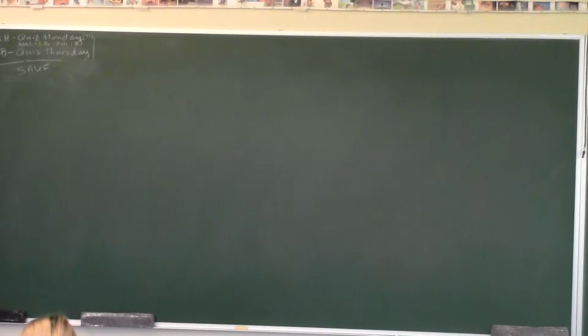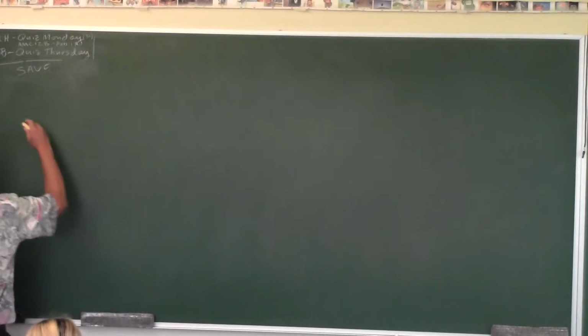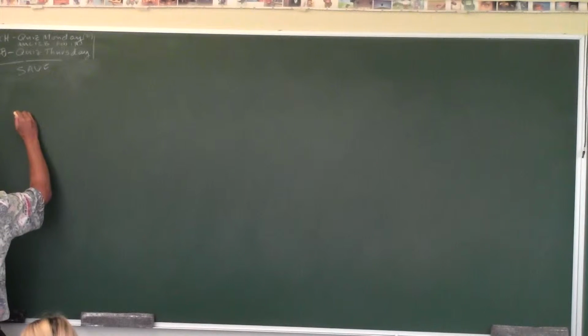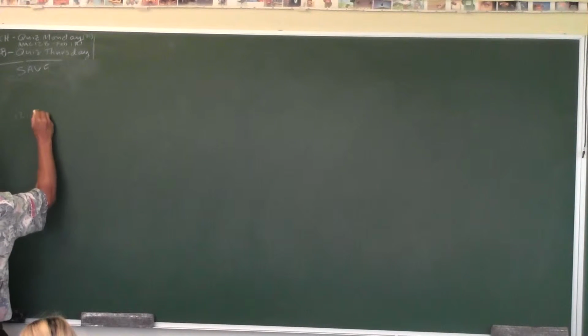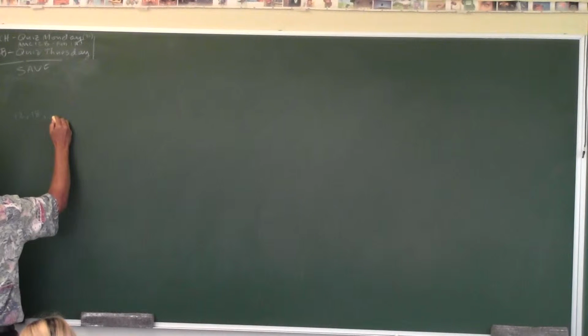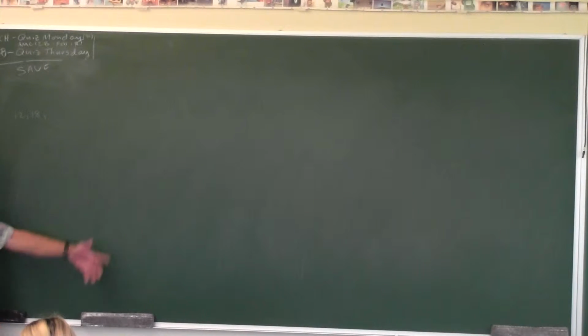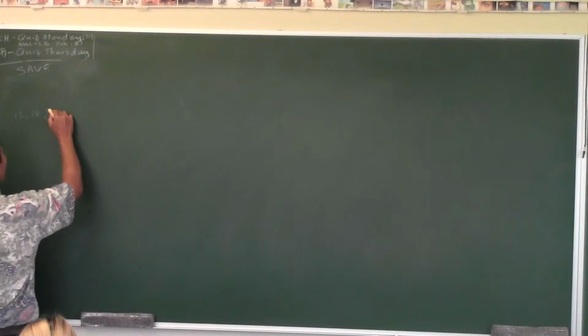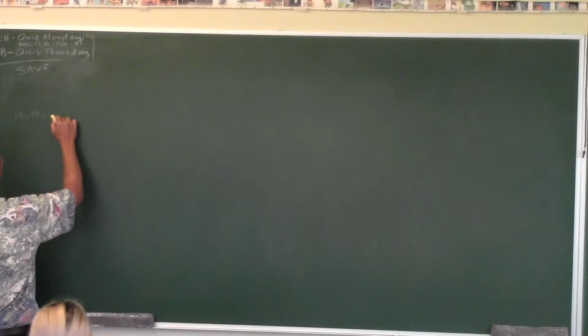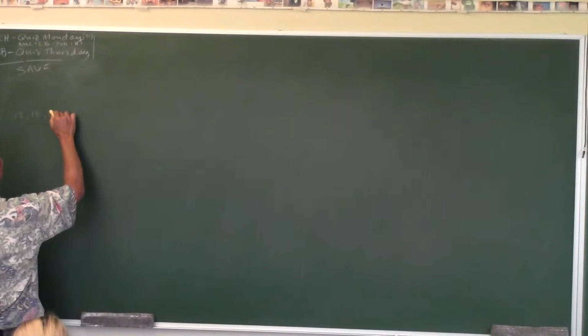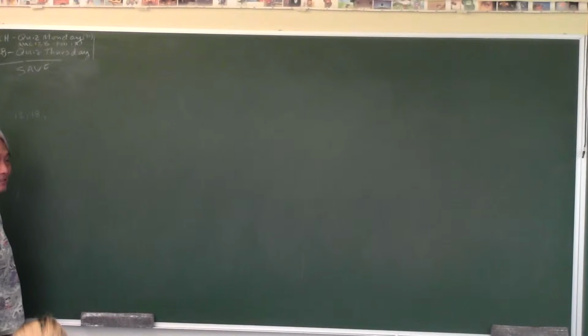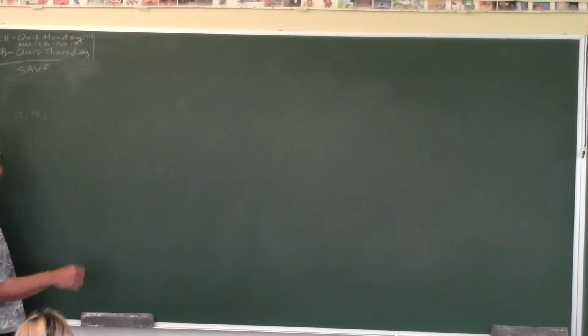The other class had quite a few problems they wanted to see. So shout them out, go. 18. That's it. The other class had like 10 problems up here. 12. What? 12. I got 12. That's it? This class is just way smarter.